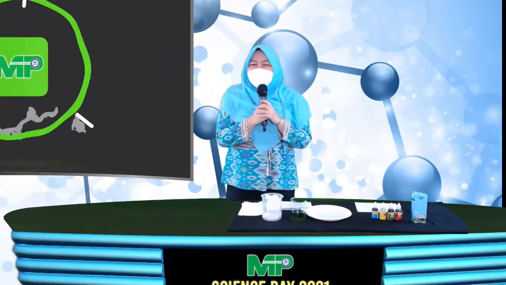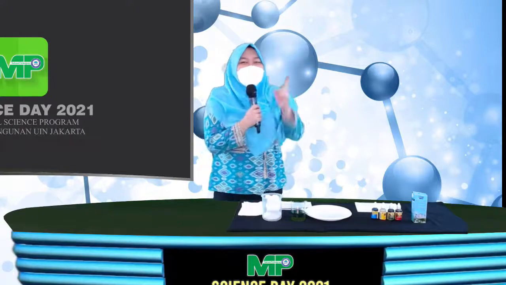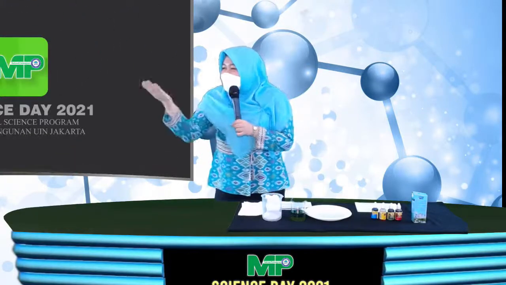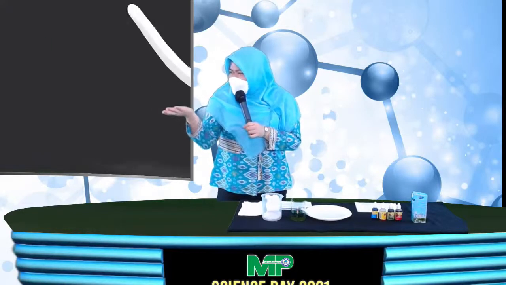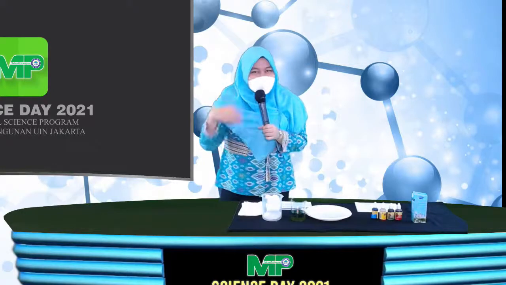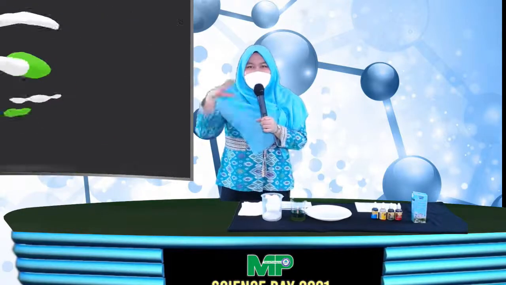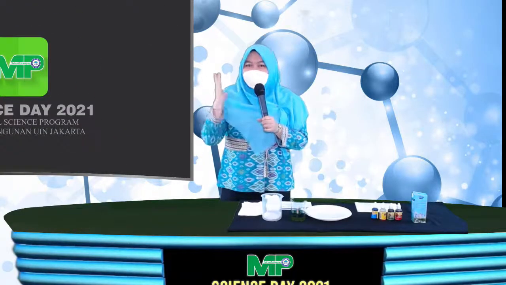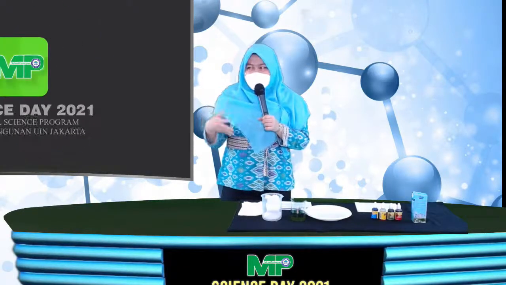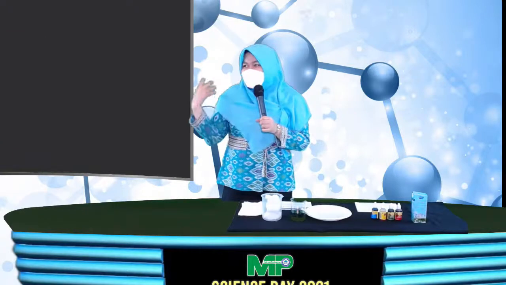We're going to check from each class, from 9E to 9F and also 9G. How many of them already turned on their camera? Only 2? Oh my God. Come on guys, turn on your camera, and then we're going to go to the next section after all of you have turned on your camera. Still no one?